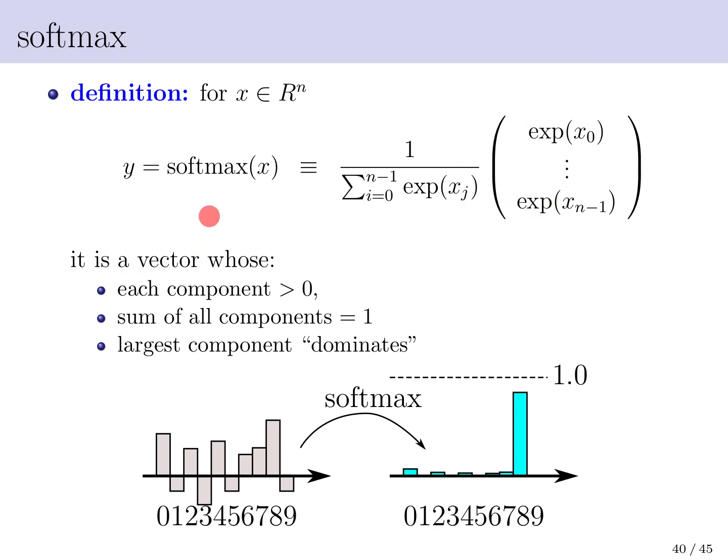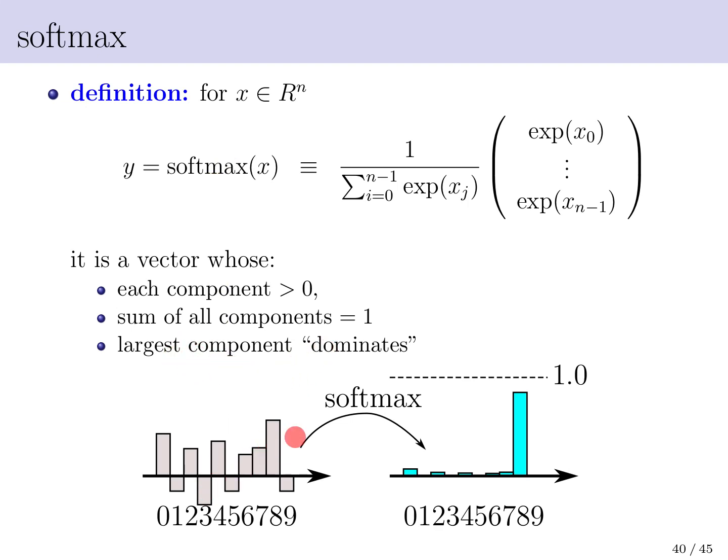So the softmax is a vector whose each component is always larger than zero, it's always positive. And the sum of all components is guaranteed to be one, just by the normalization that is happening here. And more importantly, this has the effect of amplifying the largest component.